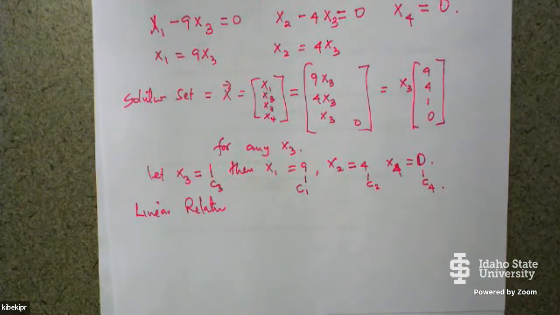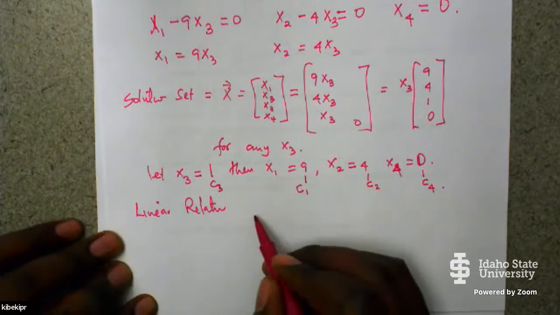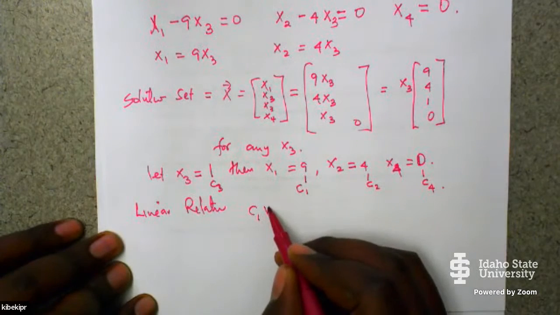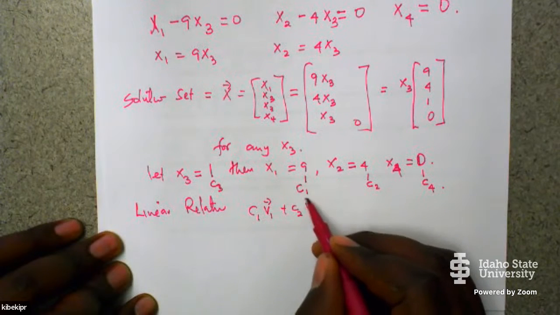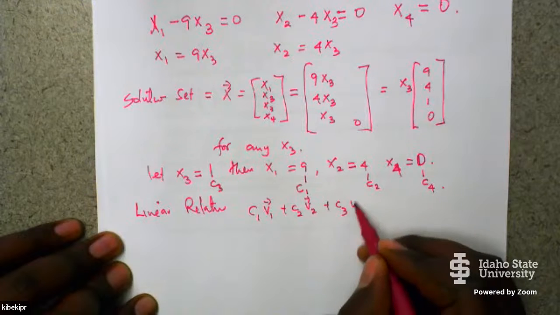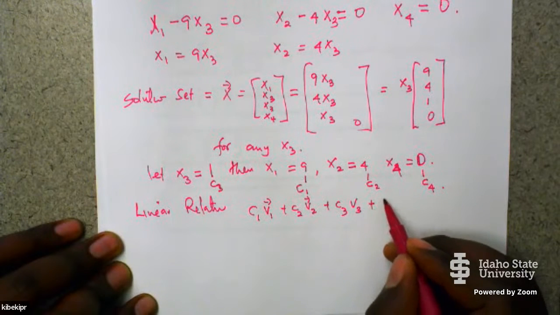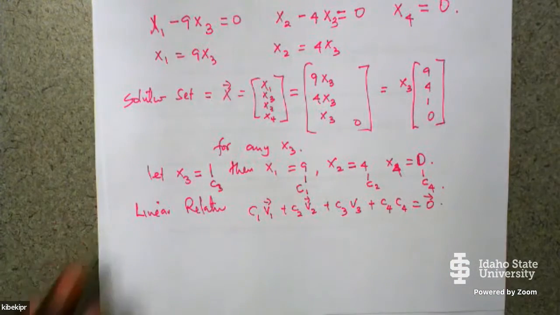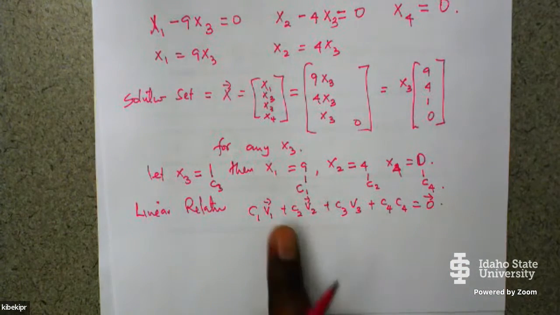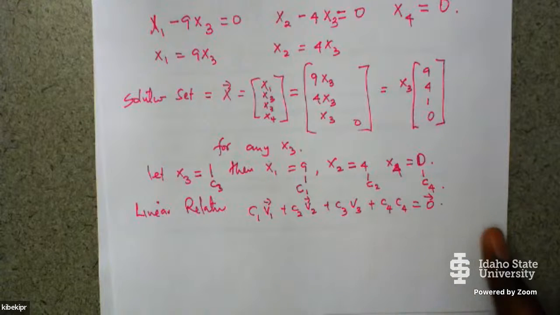So now, to get the new linear relation, which is C1 times V1 plus C2 times V2 plus C3 times V3 plus C4 times V4 equals 0. And these V1, V2, V3, V4 are the vectors which we had.